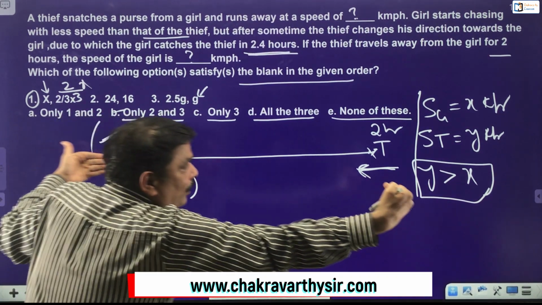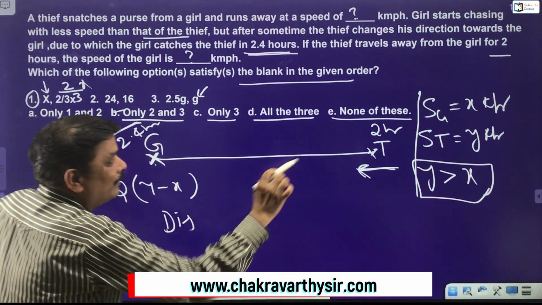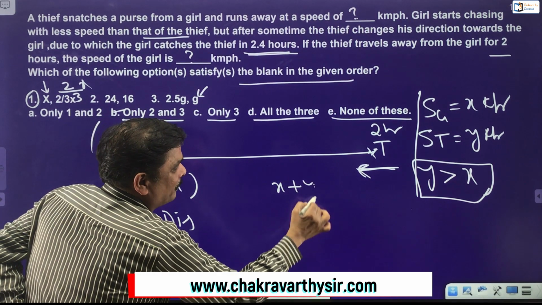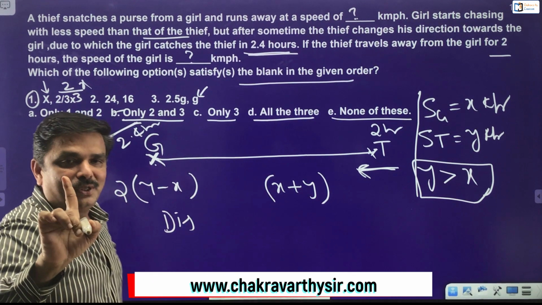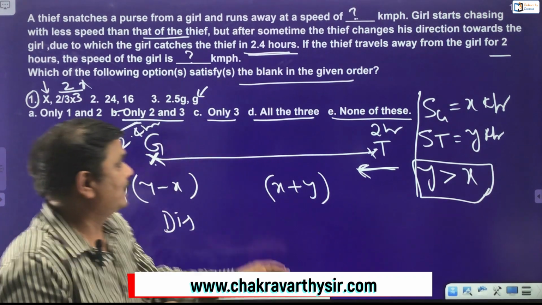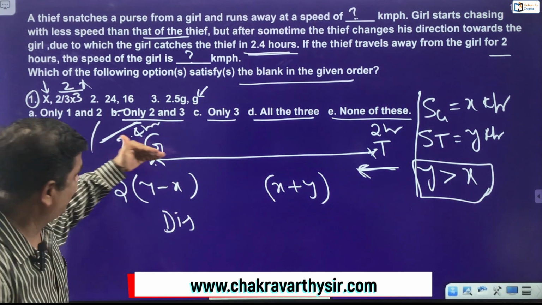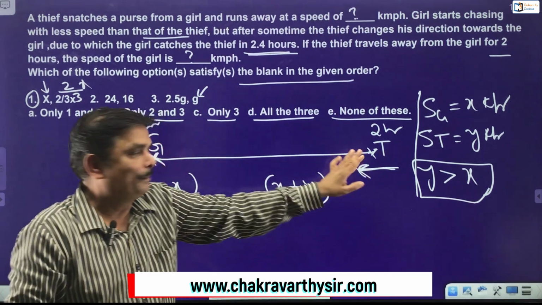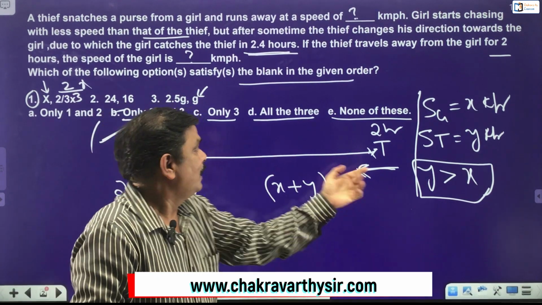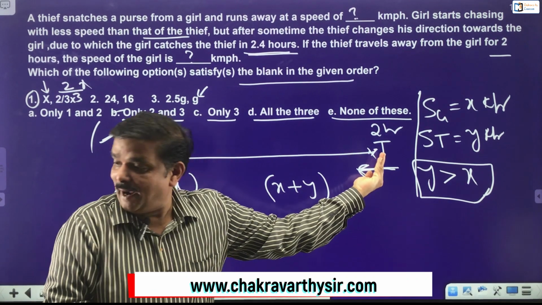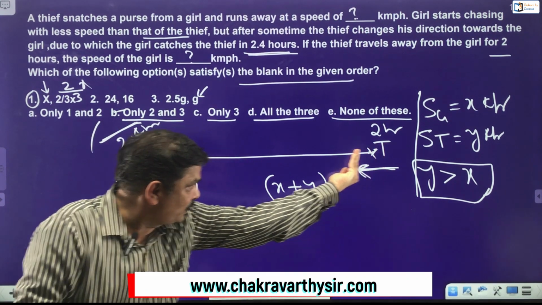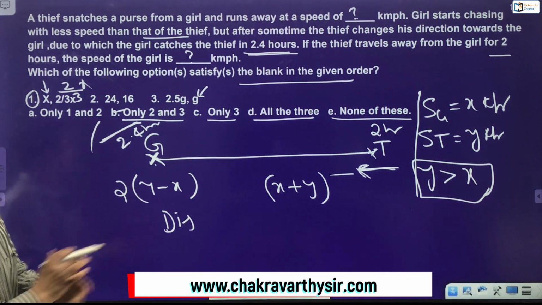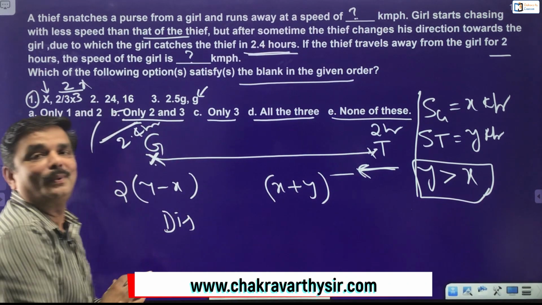Since both are coming towards each other, the speed becomes x plus y. All of you understood this one? Very tricky one. Here the girl is here, the thief is here, both are coming in this way. Repeatedly I'm telling, don't feel bored, because beginners are there. Now the thief changed his mind and changed the direction like this. In this case, the distance is this much only.